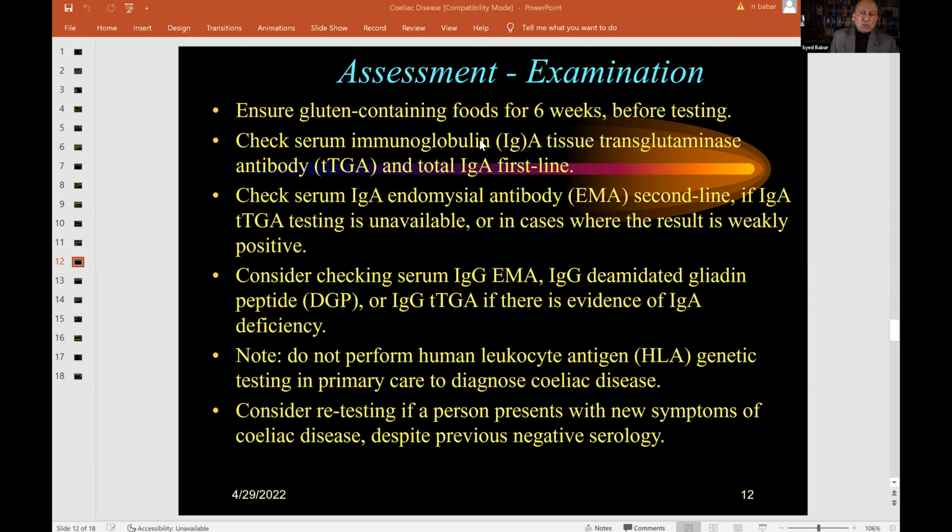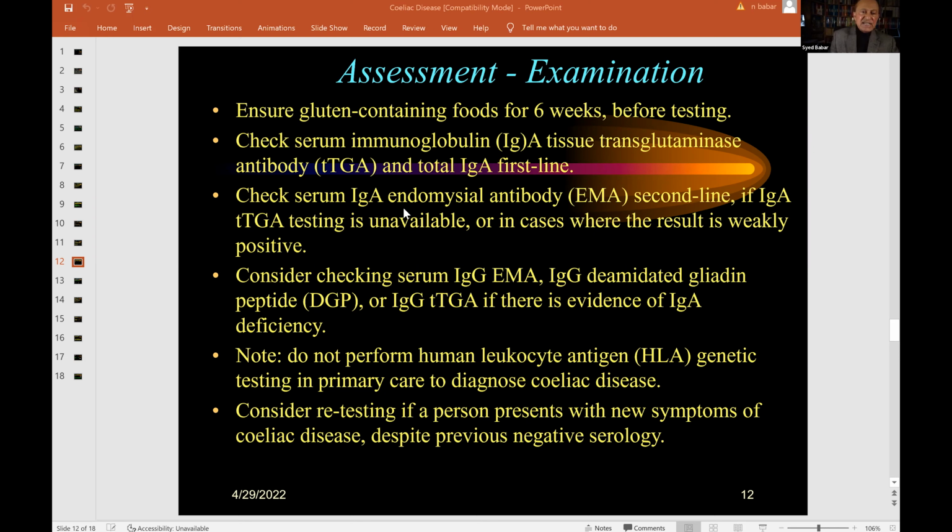So what one would need to do is to check the immunoglobulin A level, which is the total IgA level, tissue transglutaminase antibody level as well. If indicated, then subsequently immunoglobulin A endomysial antibody should also be done.